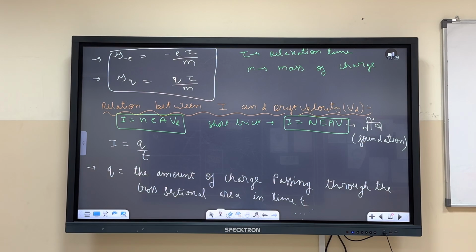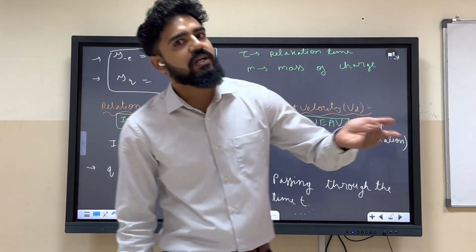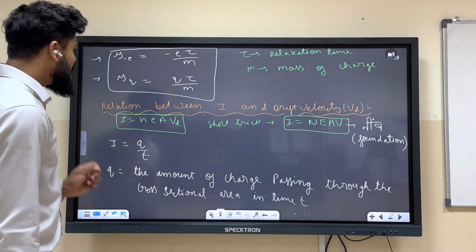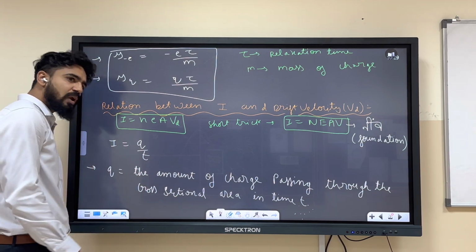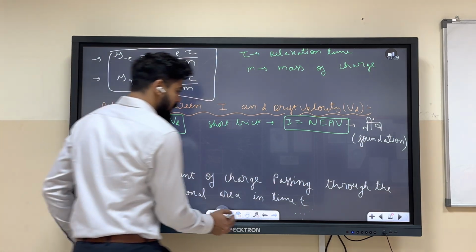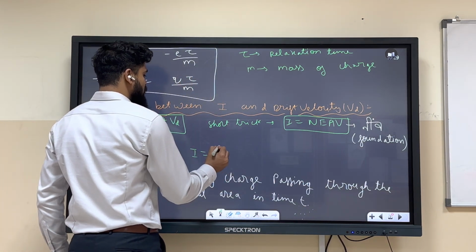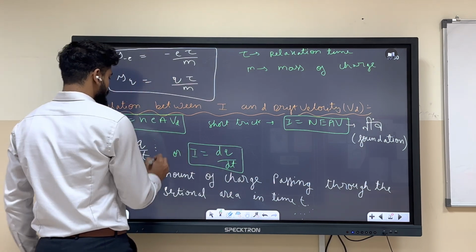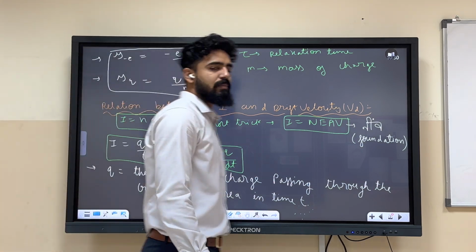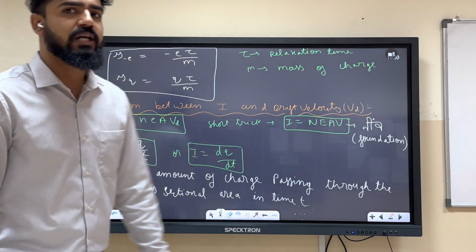The amount of charge passing through the cross-sectional area in time t is known as your charge. Now, charge upon time is your current. If you are okay till this point, can I also write this current as I equals dq by dt? Both formulas are correct, but this formula gives you a more precise value. I equals dq by dt.